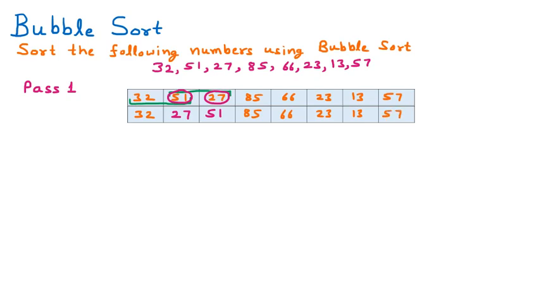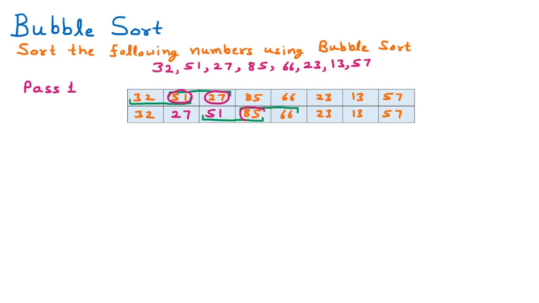Again we are going to compare two numbers. So 51 and 85 we are going to compare here. We can see that they are at the proper position, so no problem. Then we are comparing 85 and 66. If we compare these two numbers, we know that they are not in ascending order, so these two numbers will be swapped because 66 is less than 85.